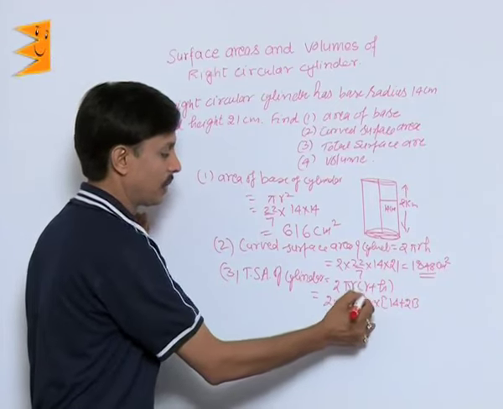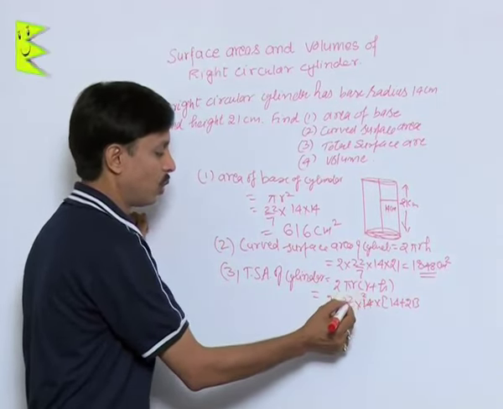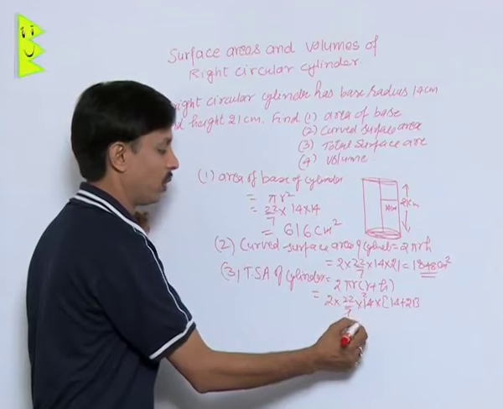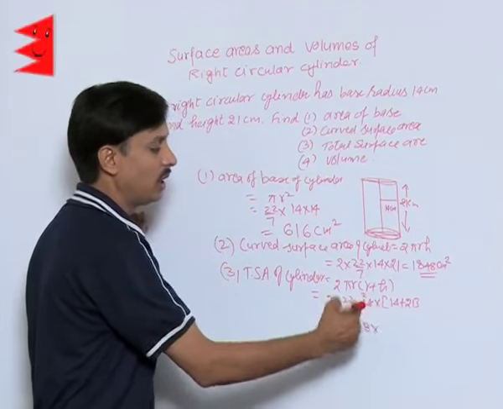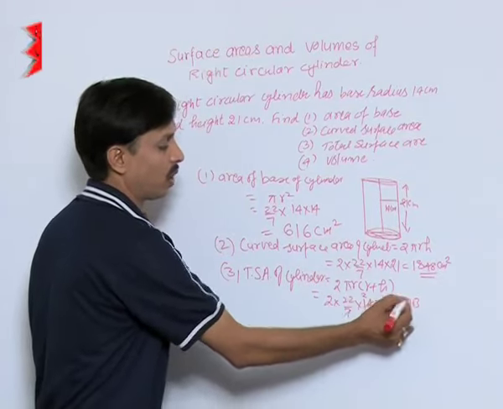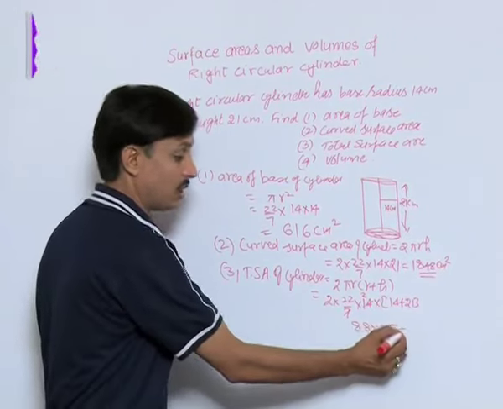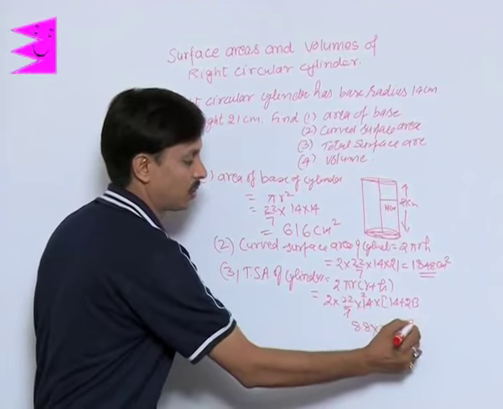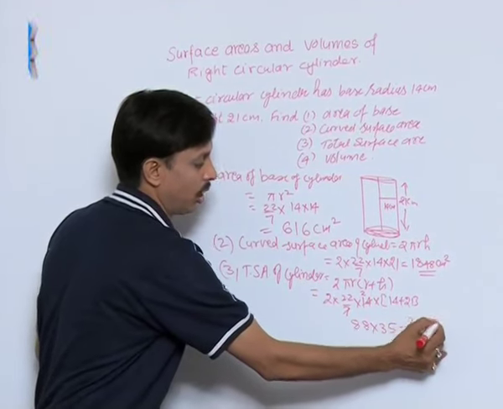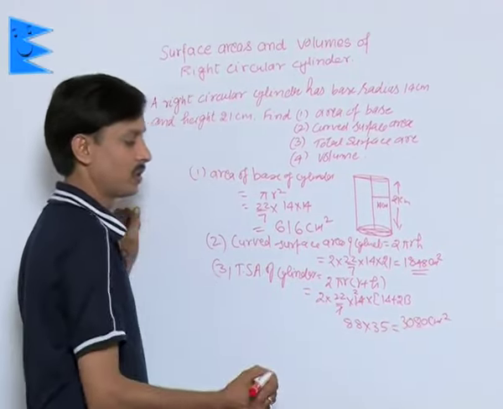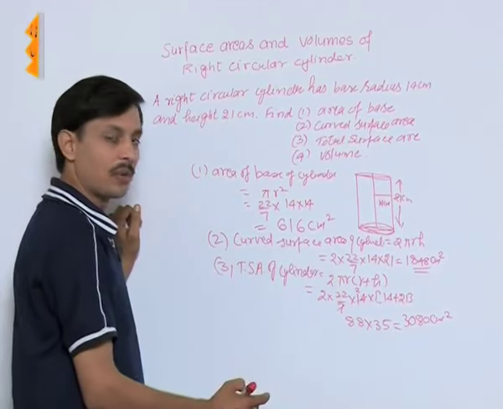After cancellation, that is 2 into 2 is 4, 4 into 22 is 88, 88 into (14 plus 21), it becomes 35. This result after multiplication gives us 3080 centimeter square. This is the total surface area.